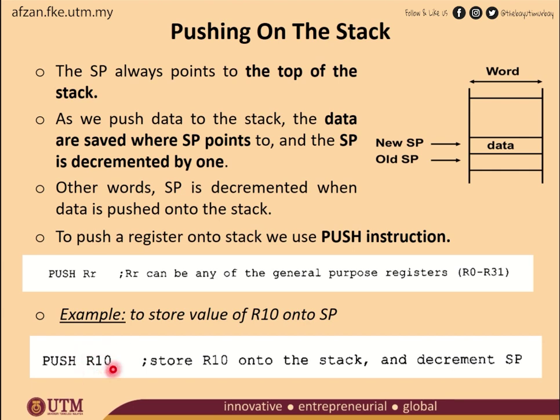Automatically the value of R10 will be stored to your stack after you execute this instruction, while the stack pointer will be decremented by 1 after you store the data.